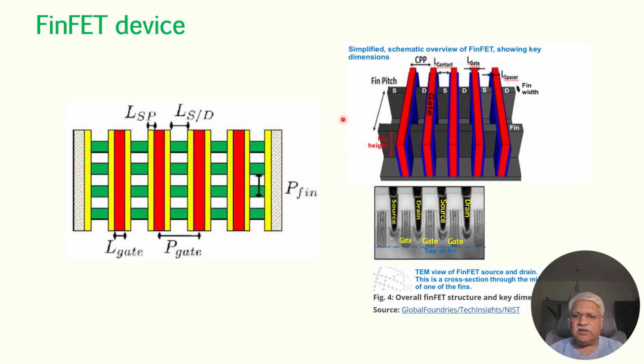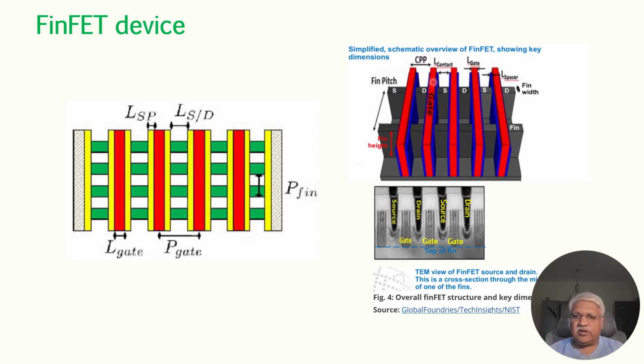Here the same is represented in a three-dimensional way, and this is the fin width or fin thickness. In the earlier picture I have mentioned what the thickness will be, and this is the length of the gate. So this is the length of the gate shown here.